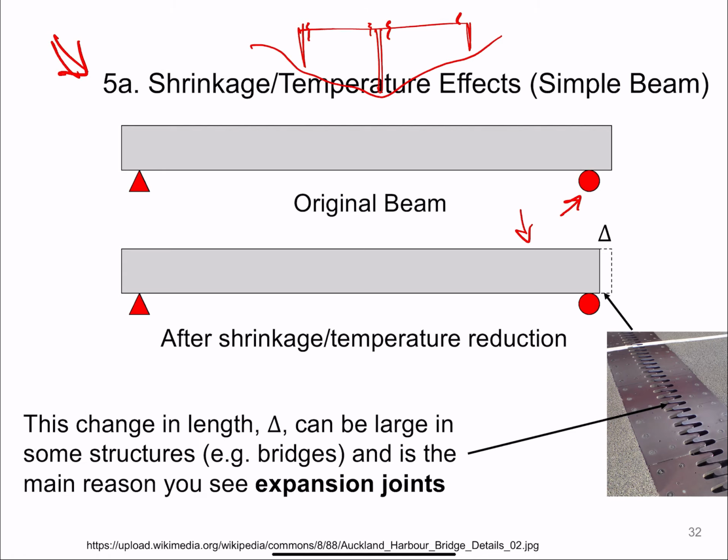Those teeth are protecting your beam, because it's rolling and maybe getting shorter. When it gets shorter, you create spaces here, but these teeth allow the car to still pass through that gap. So it's quite interesting.